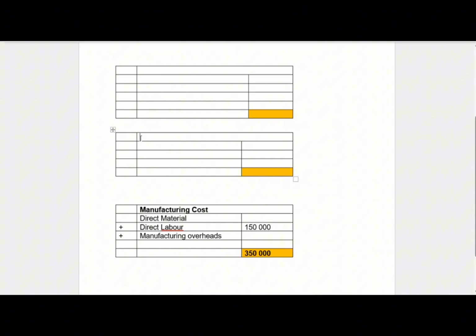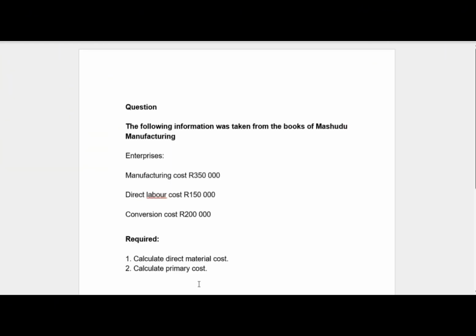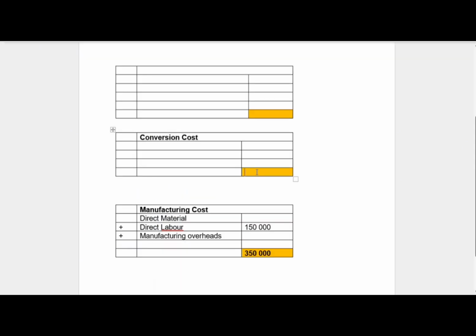So let's go to the sheet for conversion cost. How much is our conversion cost? Let's go and check that. Our conversion cost is 200,000. All right. And how do we calculate conversion cost?